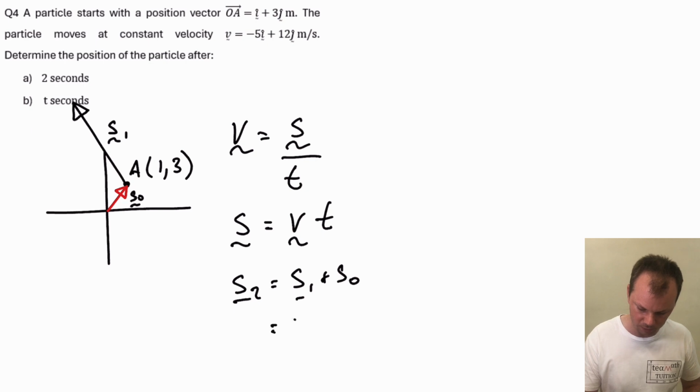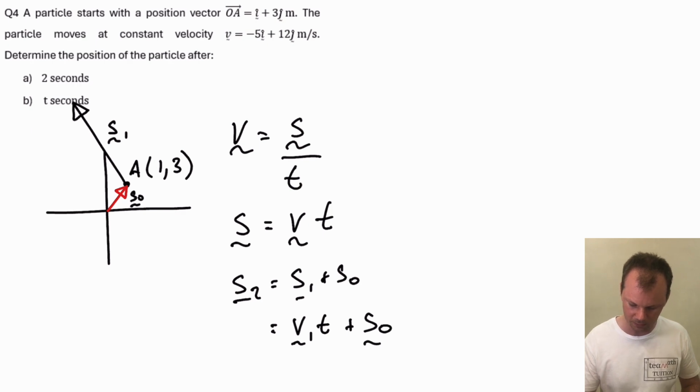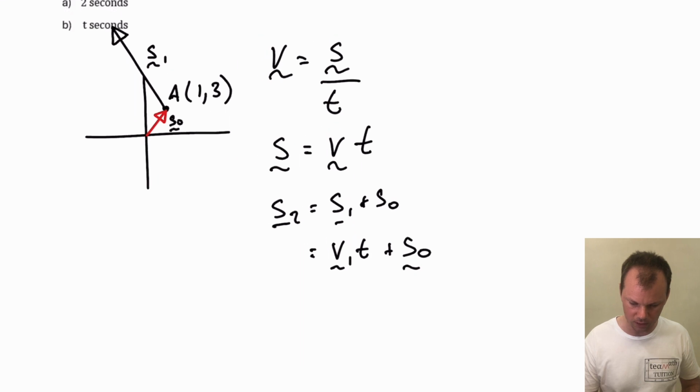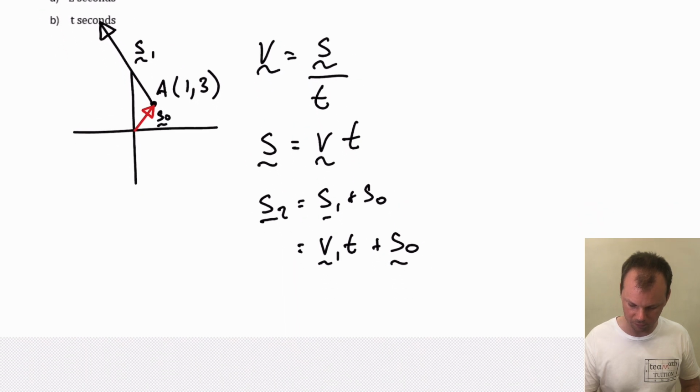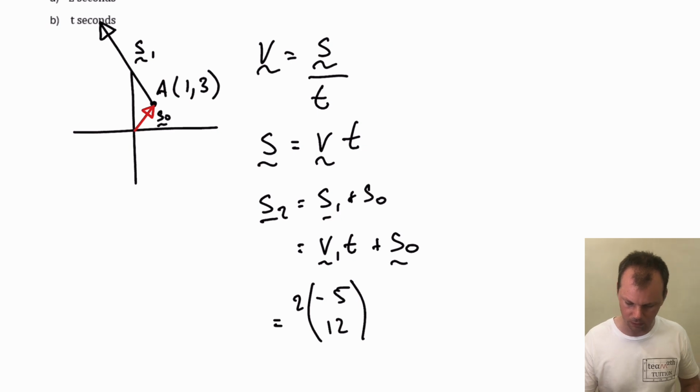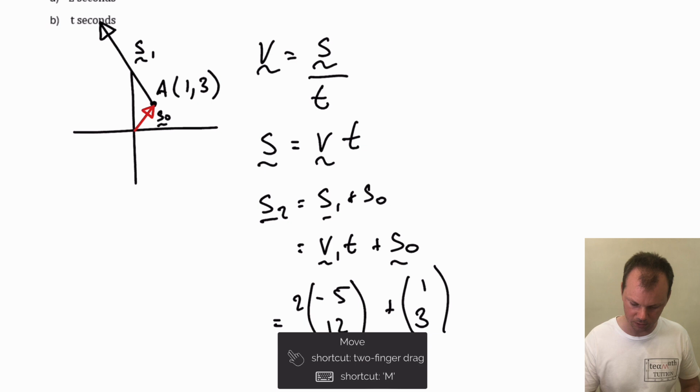S1 will just be the velocity times the time plus the starting point as a vector. Our initial velocity was negative 5, 12, and we're timesing that by 2 seconds, plus 1, 3, which is our original displacement.